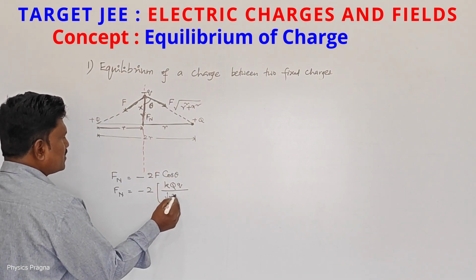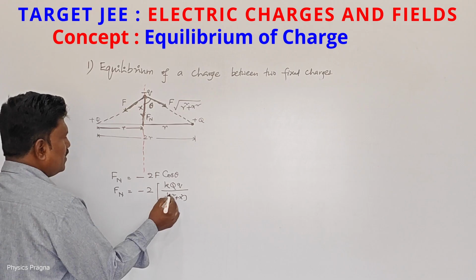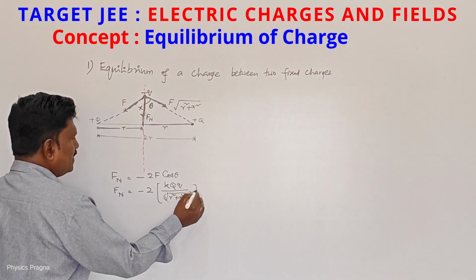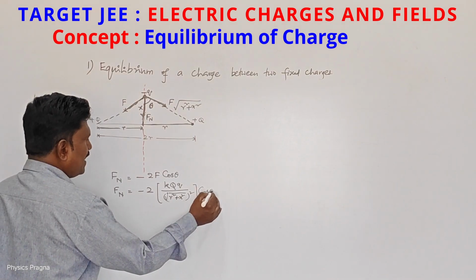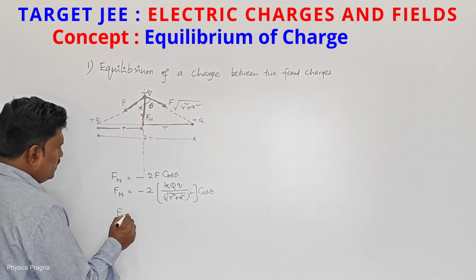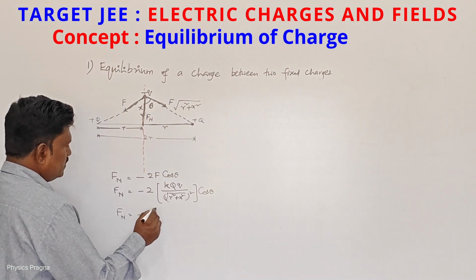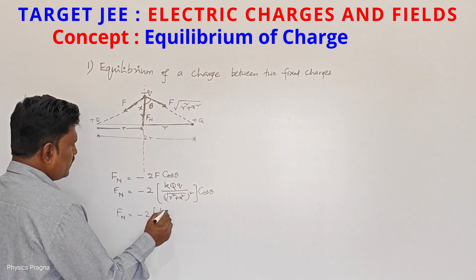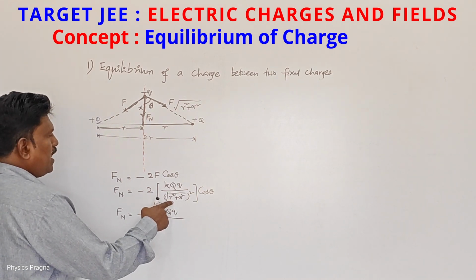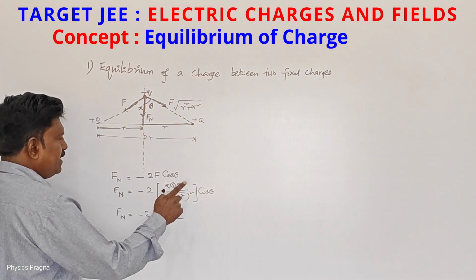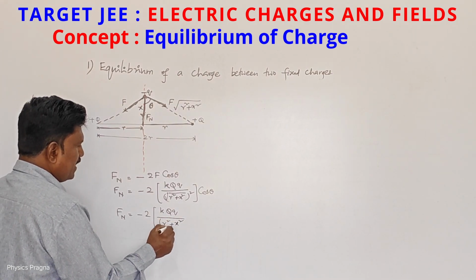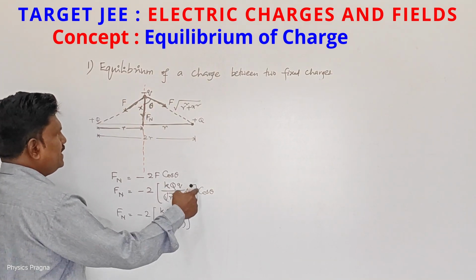So root of r square plus x square whole square into cos theta. Now Fn is equal to minus 2 k capital Q small q by root of r square plus x square whole square, that root will go, so r square plus x square, into the cos theta value.